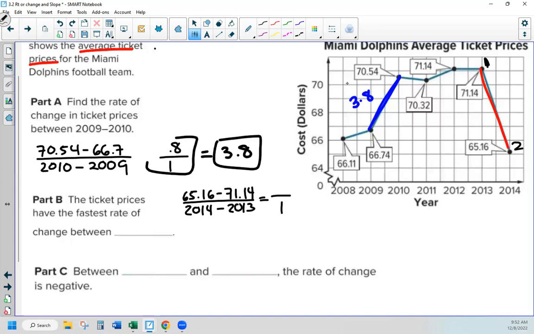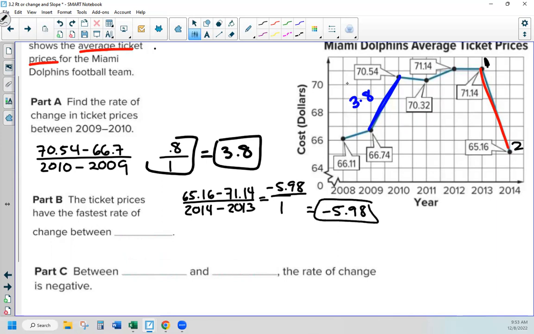All right, so that's going to give us another unit, so we can easily compare them without doing too much. So 65.16, I know I'm going to get a negative, minus 71.14, and negative 5.98. Okay, so that equals just negative 5.98. We don't have to leave the 1 there.